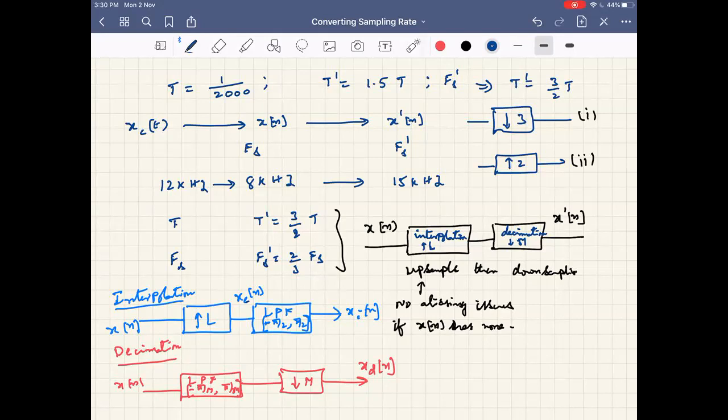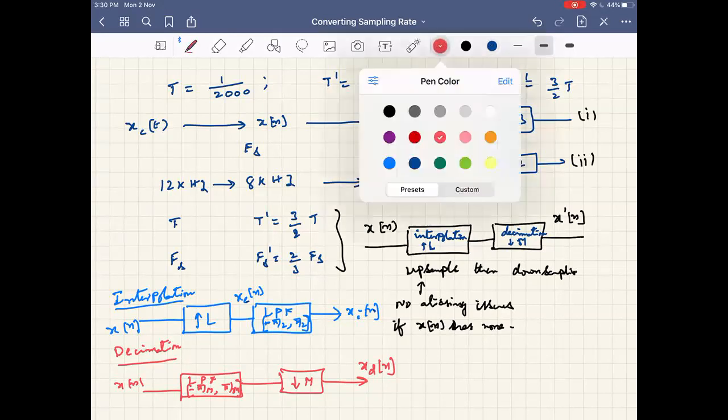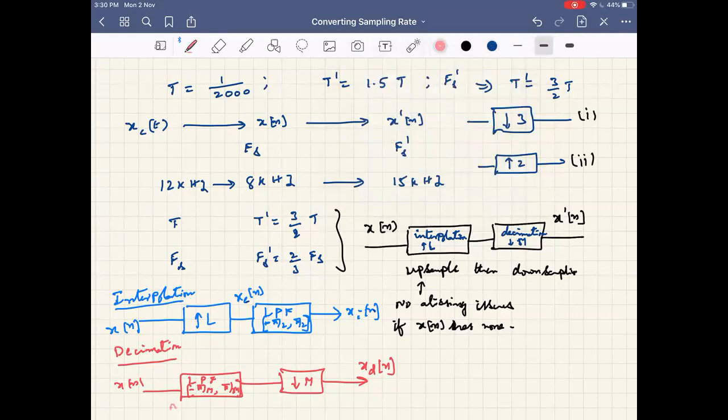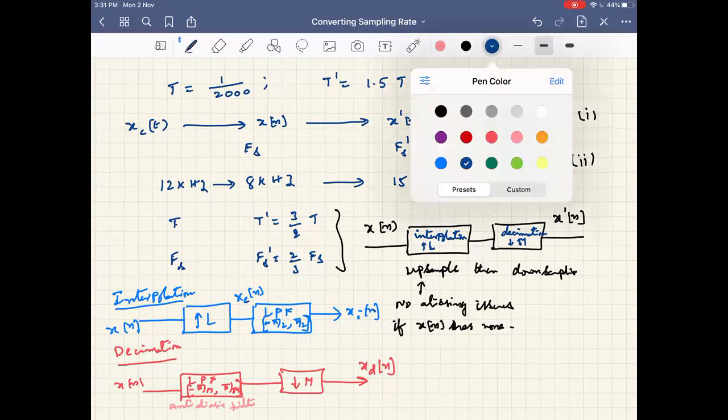Similarly, decimation also has two blocks. One is applying a pre-low pass filter, referred to as the anti-aliasing filter. And this is usually referred to as the reconstruction filter.